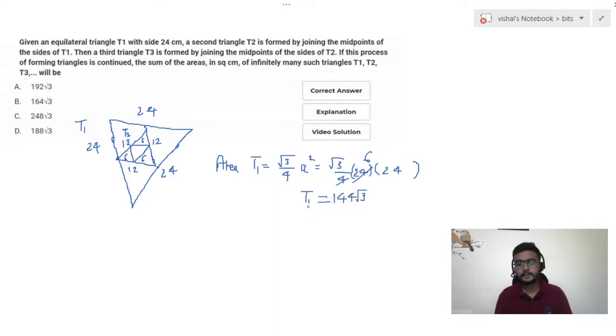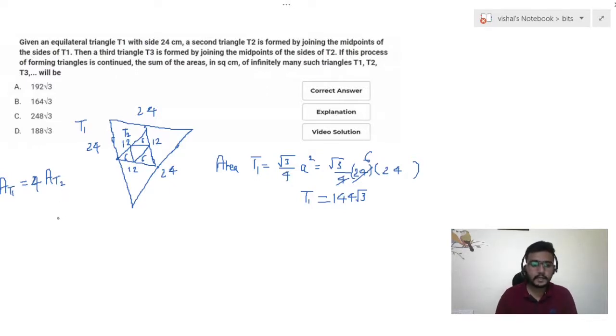That means we have calculated the area of the triangle T1. So what will be the area of the next one? As you can see, the area of T1 is 4 times the area of T2. That means it is reducing by 1/4 of the original one.